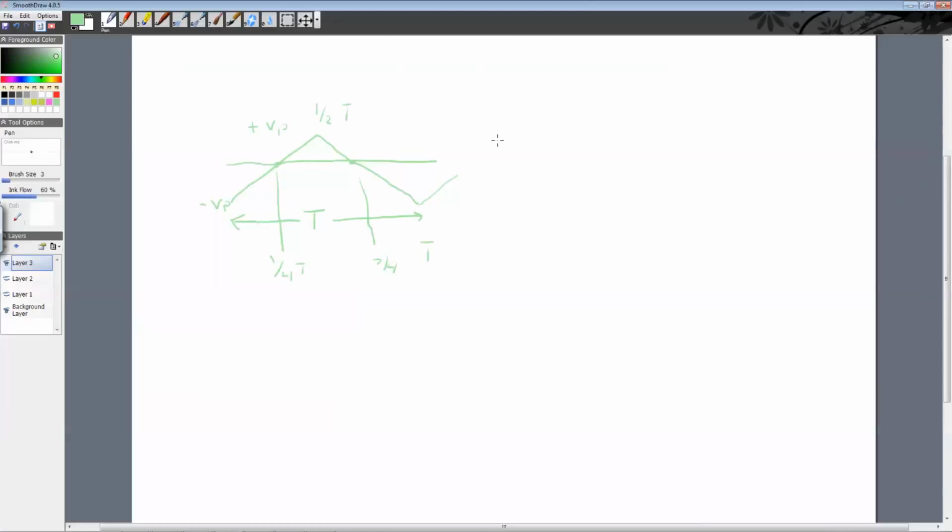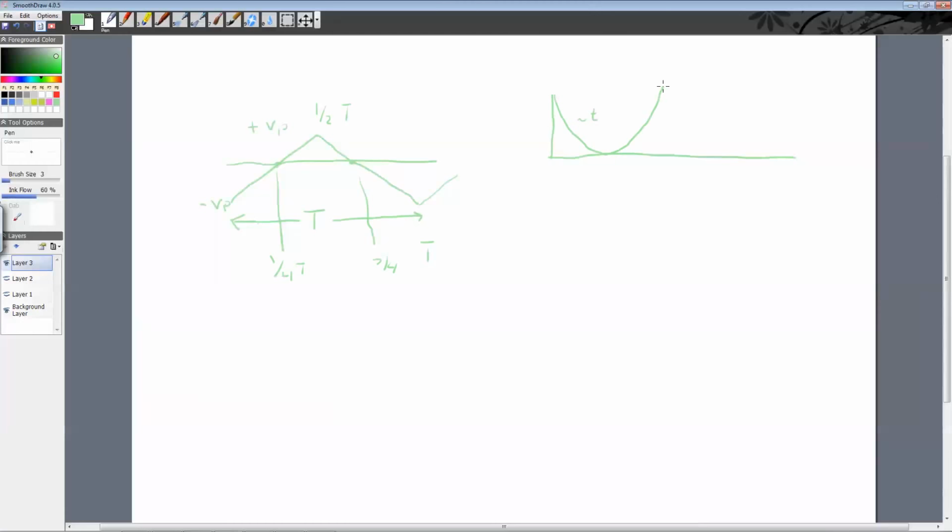So what are we really integrating? We're integrating the square of that, right? So this becomes something proportional to, like, a decaying exponential.